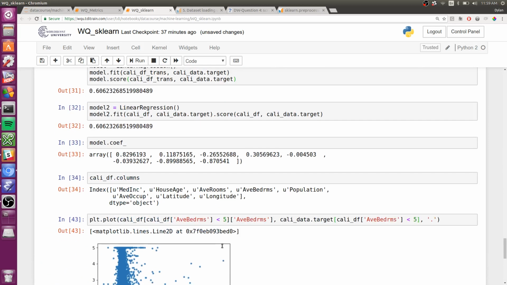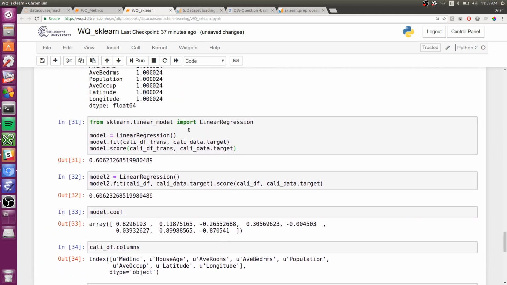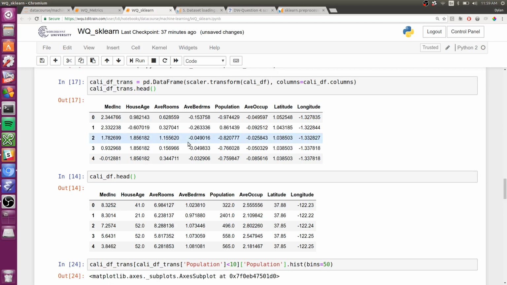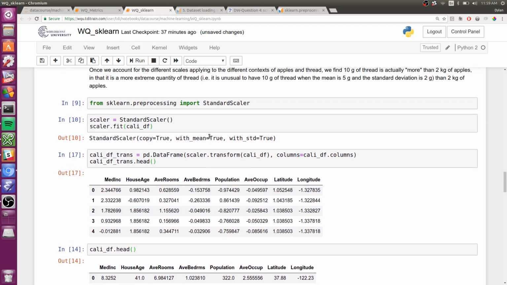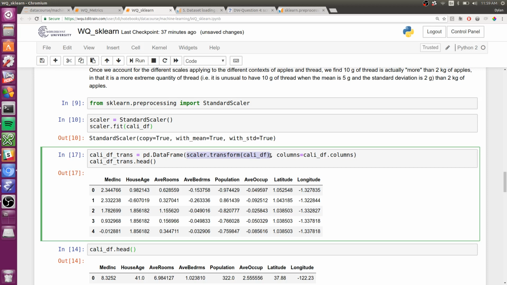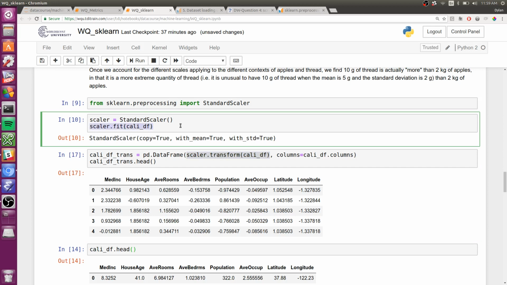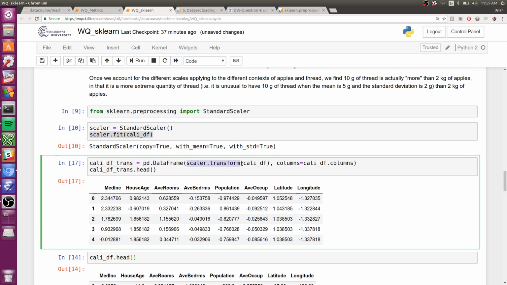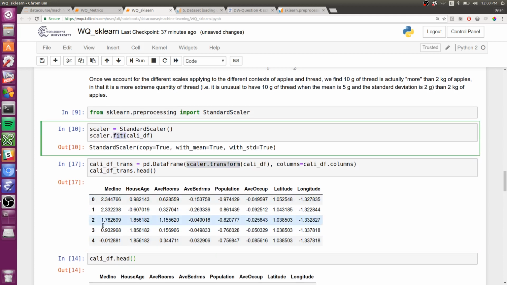Now, for the standard scaler, before I transformed the data, before I could use scaler.transform, I had to fit it. And that's because in order to perform the transformation, this transformer had to know something about each feature. It had to know the mean and the standard deviation. So the fit step computed those quantities.